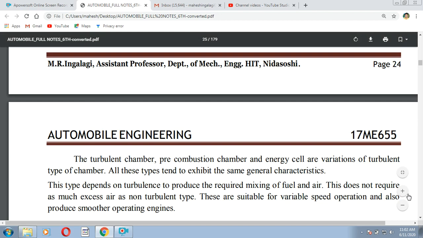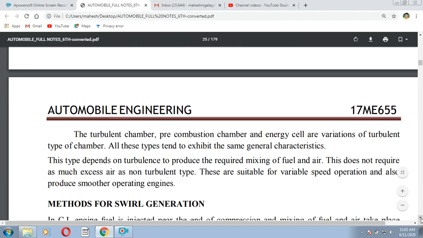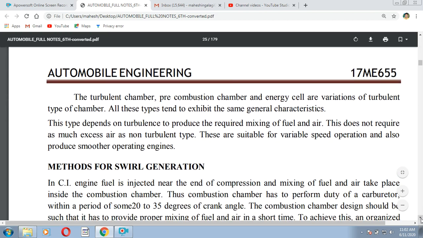Excess air is not required here, while in the open type, excess air is required for the proper combustion of the fuel. In the turbulent type, turbulence takes place and the combustion rate increases. These are suitable for variable speed operation and also produce a smooth operating engine.